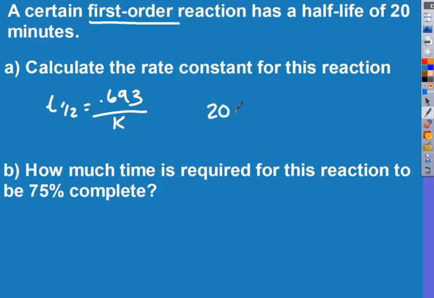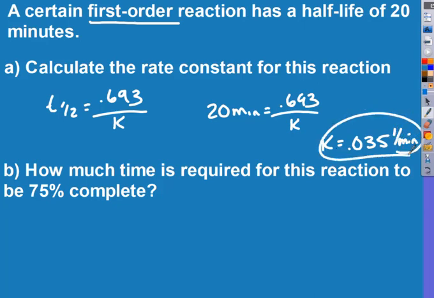So you should have plugged in your 20 minutes. Solving for k, you get 0.035. And this was in minutes, so 1 over minutes. All right, on B it says how much time is required for this reaction to take place.